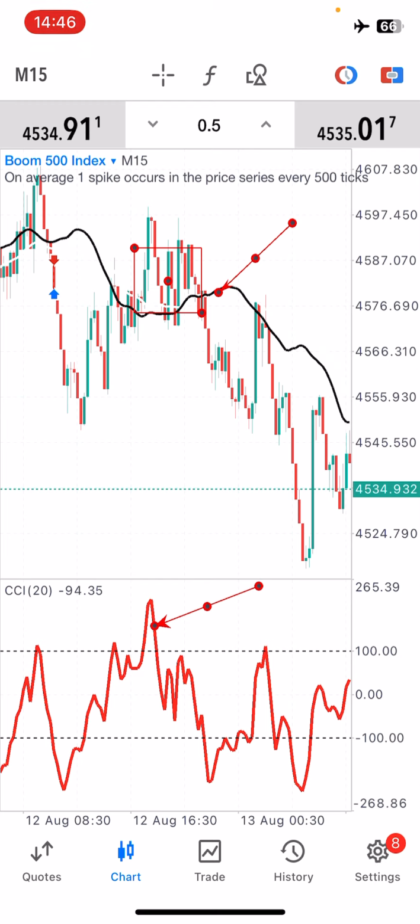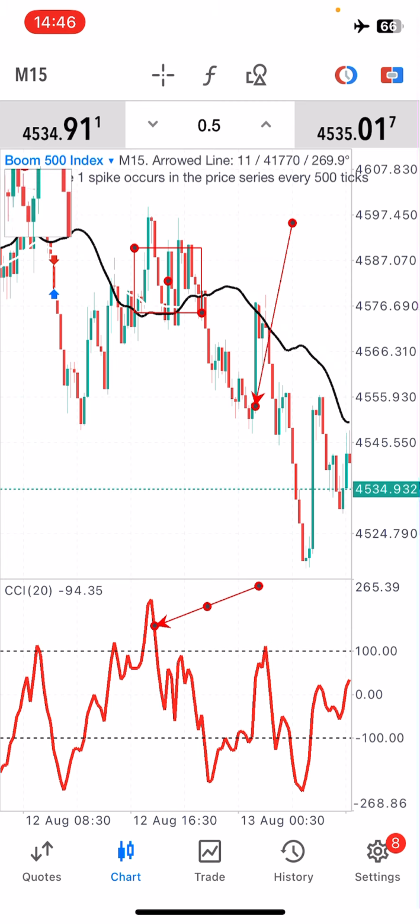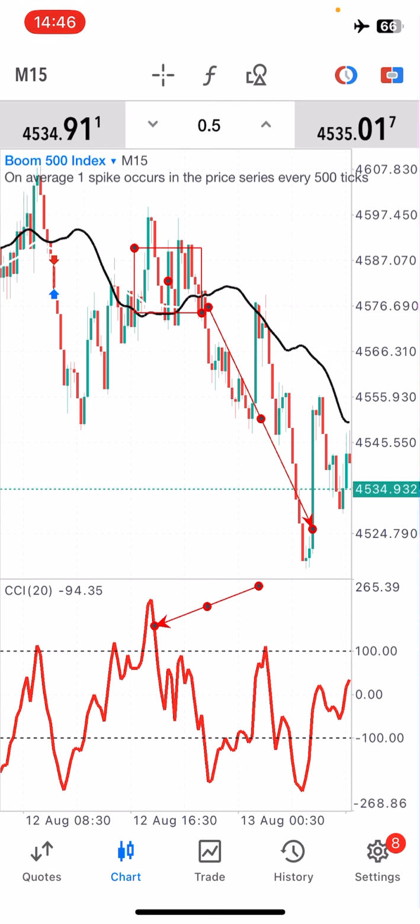There was no real movement, and that already is an alert. If you understand candlestick patterns, whenever you see consolidation, the next move is a big move. As you can see, the market actually went all the way down. So my CCI actually helped me understand the possible direction that we might go.